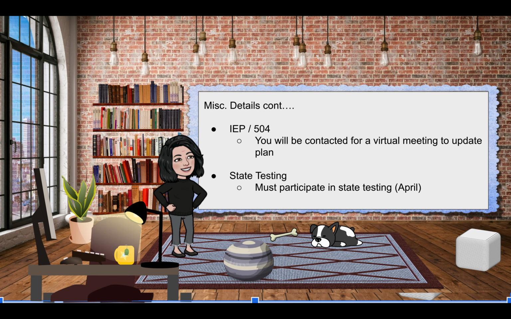It's very, very important that your student does iStation independently, because it's one of those computer programs that's measuring, do you know this? If you don't know this, then I need to go back and teach it to you. If you do know it, then I need to skip you ahead to something that you don't know. It's constantly assessing, and it gives a lot of data to the teacher in the background.